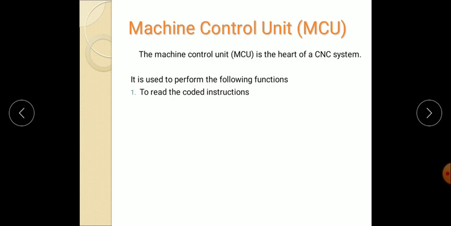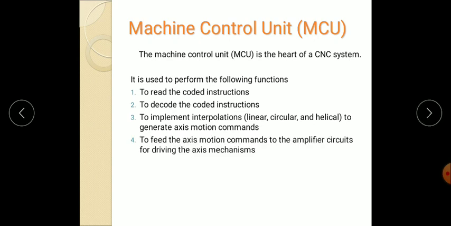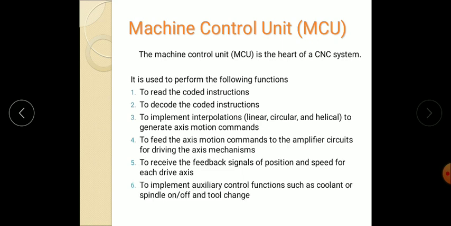First one, to read the coded instructions, to decode the coded instructions, to implement interpolations such as linear, circular and helical, to generate axis motion commands, to feed the axis motion commands to the amplifier circuits for driving the axis mechanism, to receive the feedback signals of position and speed for each drive axis, and at last to implement auxiliary control functions such as coolant or spindle on or off and the tool change.